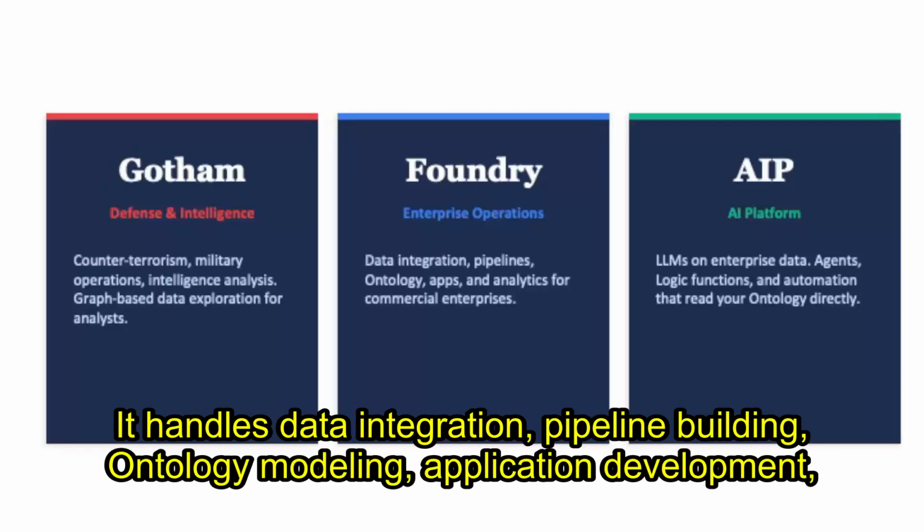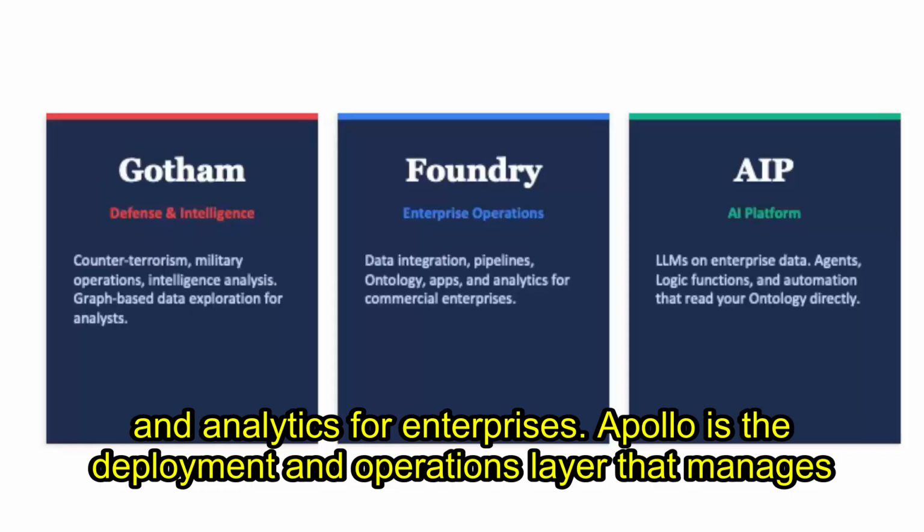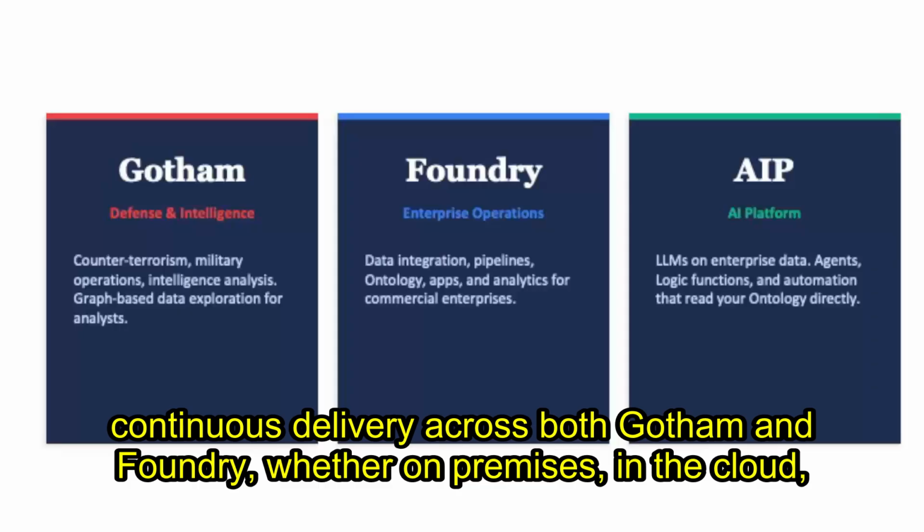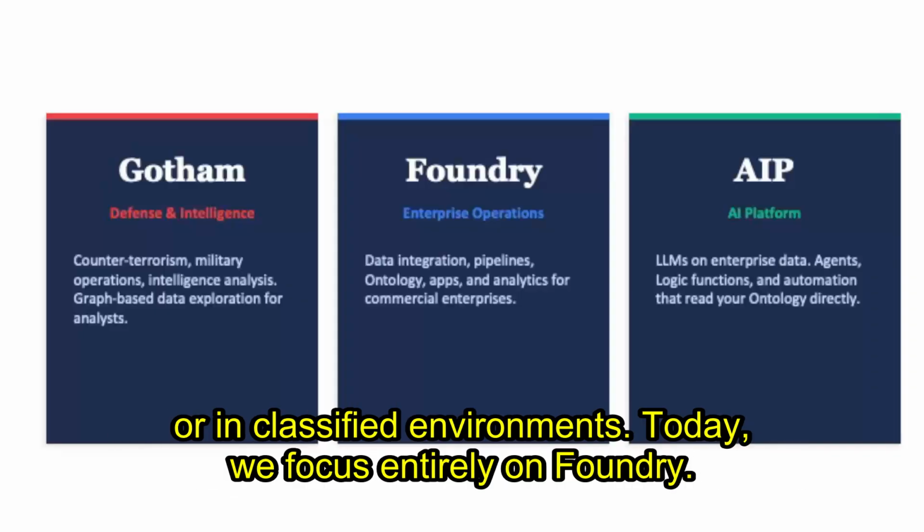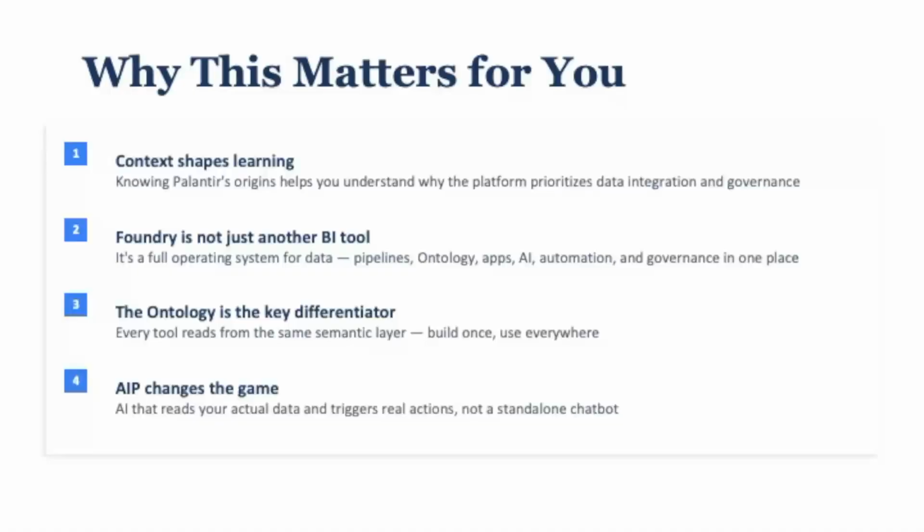It handles data integration, pipeline building, ontology modeling, application development, and analytics for enterprises. Apollo is the deployment and operations layer that manages continuous delivery across both Gotham and Foundry, whether on premises, in the cloud, or in classified environments. Today, we focus entirely on Foundry.